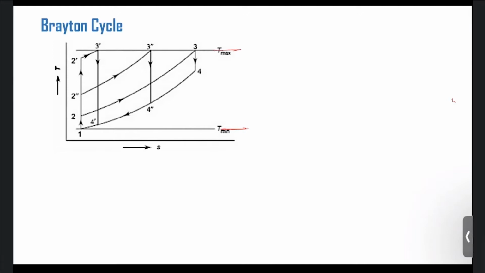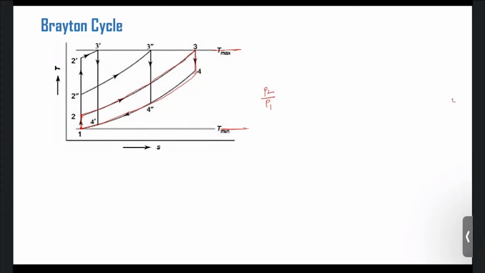So let's see in the first case we have a pressure ratio. We are going from point 1 to point 2, so we have a pressure ratio of P2 by P1. In that case, you can see this lower figure here. It is the initial cycle. So we have some work input and also some efficiency for this pressure ratio.